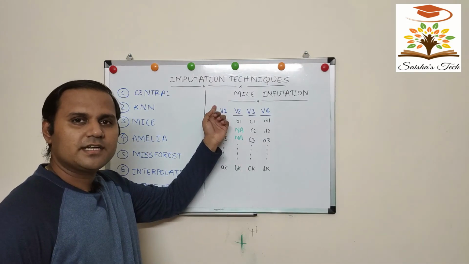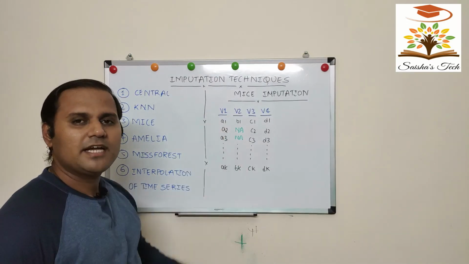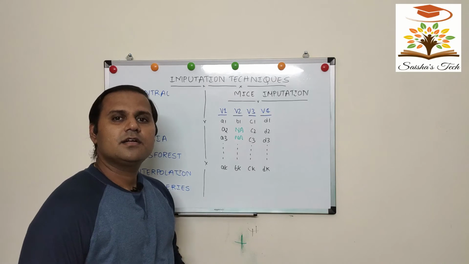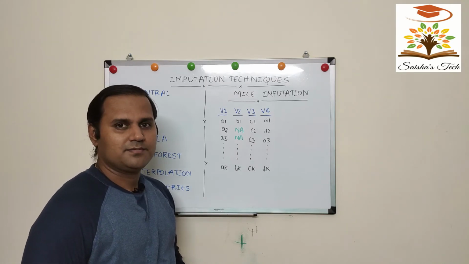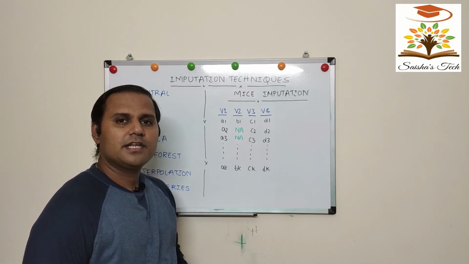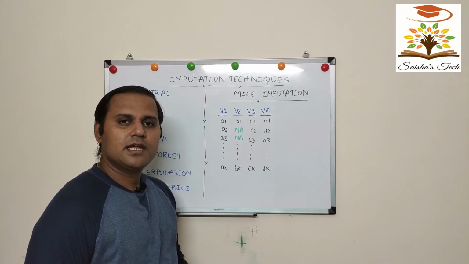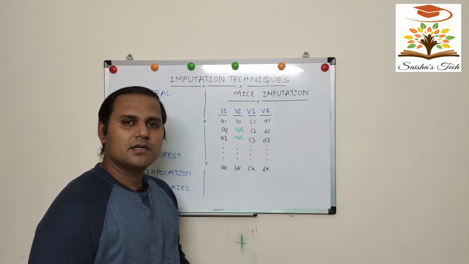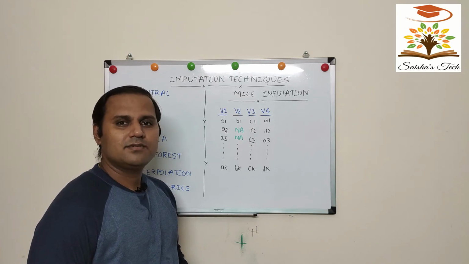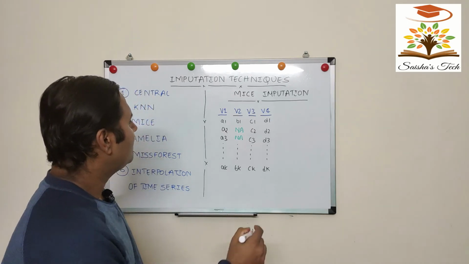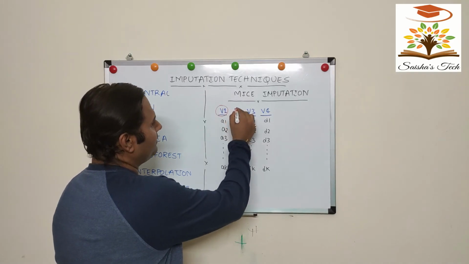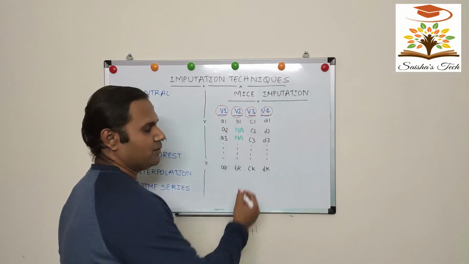The next imputation technique is MICE imputation. MICE means multivariate imputation by chained equation. Here, multivariate imputation means it will utilize many variables and predict the missing values. Let us understand with an example. Consider I have 4 variables V1, V2, V3 and V4.